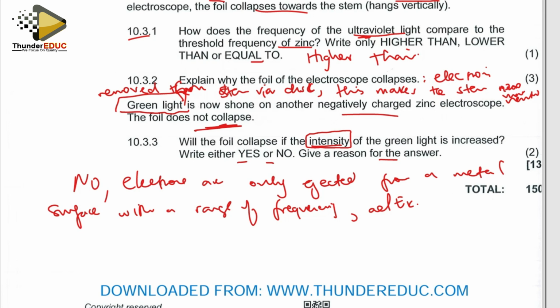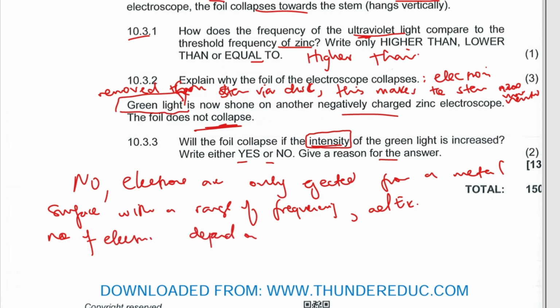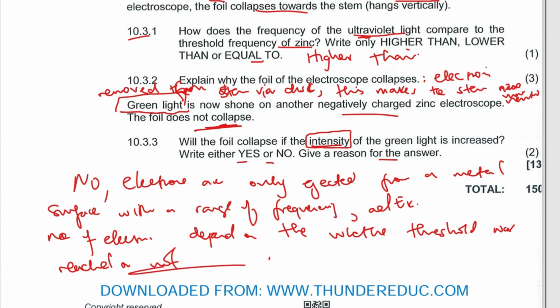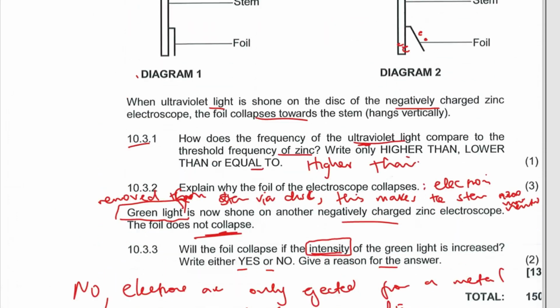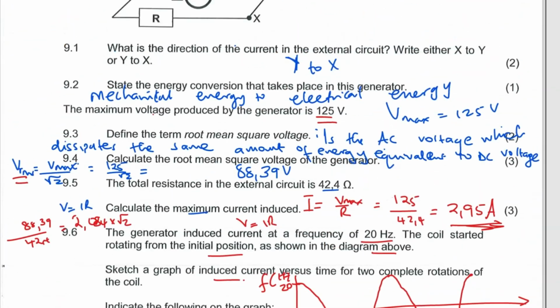The number of electrons depends on whether the threshold was reached or not. For as long as the radiation does not have the required energy and threshold frequency, no electrons will be emitted. So guys, that is that.